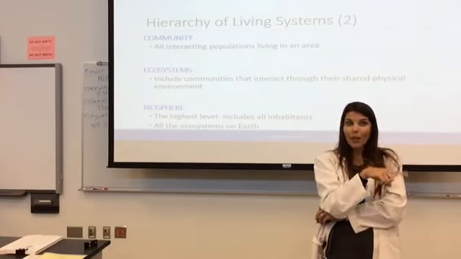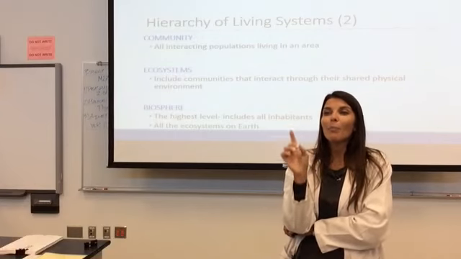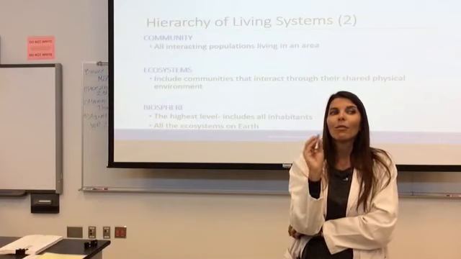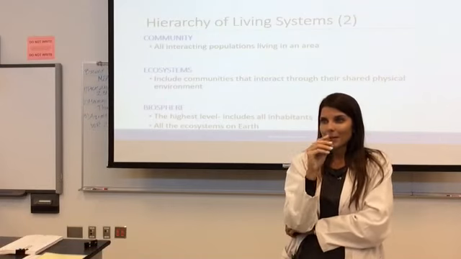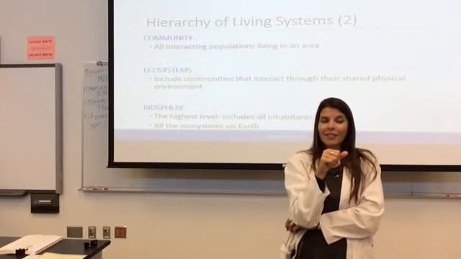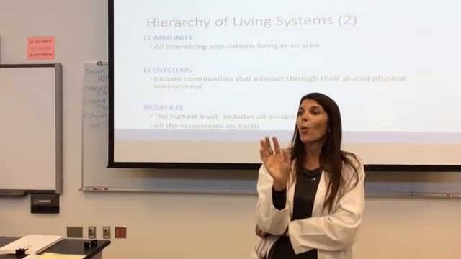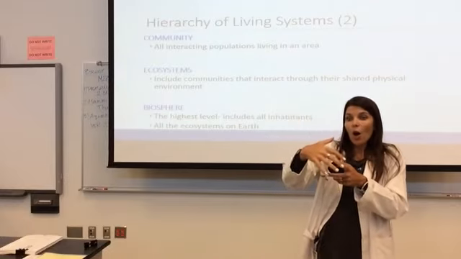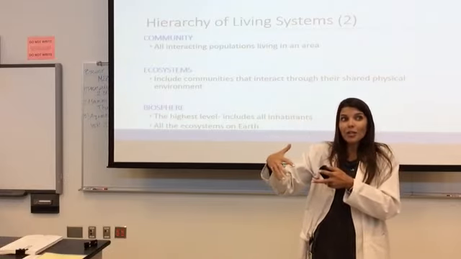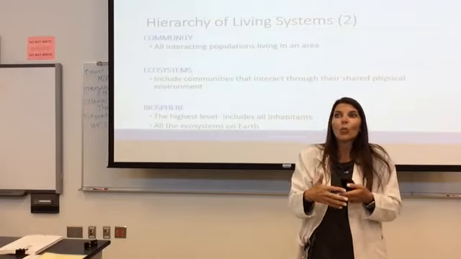The weather. The weather is one of these aspects. You guys are all right. But what makes it part of the physical environment? What is it not? Living. Yes, it is not living. So an ecosystem is the community, the multiple populations, along with the non-living aspects, things that were never living.